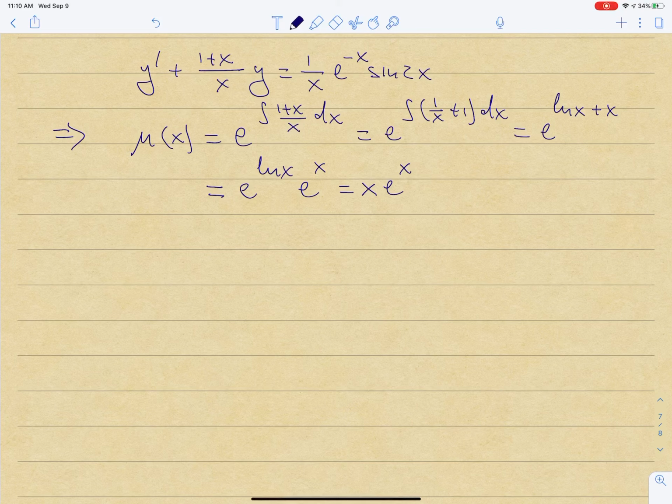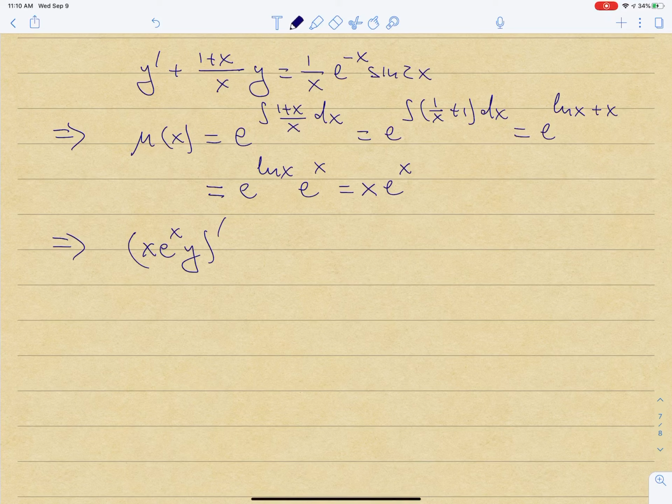All right, and so then I know that the rule for solving the first order linear ODE using the integrating factor is that if I multiply the left-hand side of my equation by the integrating factor, then the left-hand side will look like the integrating factor times y, quantity prime. So this would be x e to the x y prime.